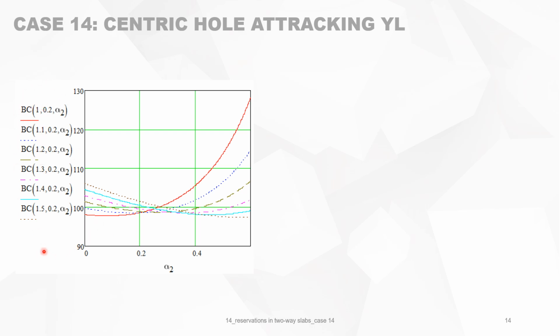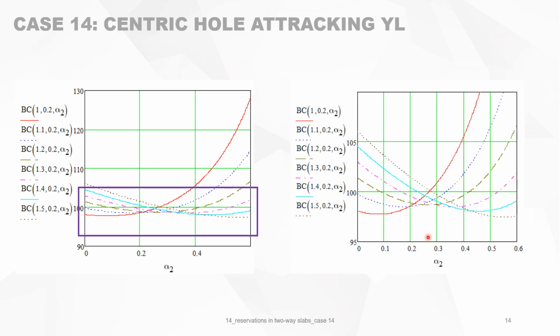So we will have a graph of the bearing capacity for alpha varying from 1 to 1.5. We have seen that for larger alphas, there is never a loss of bearing capacity. So between 1 and 1.5, we have a size of reservation of 0.2, and it's in function of alpha 2. And then you have the type of lines, relationships. If we enlarge this area, then you see that in this zone you have to be careful.